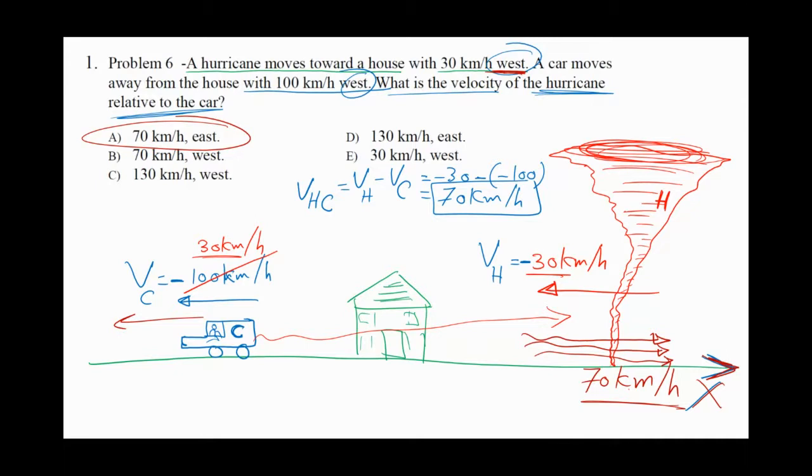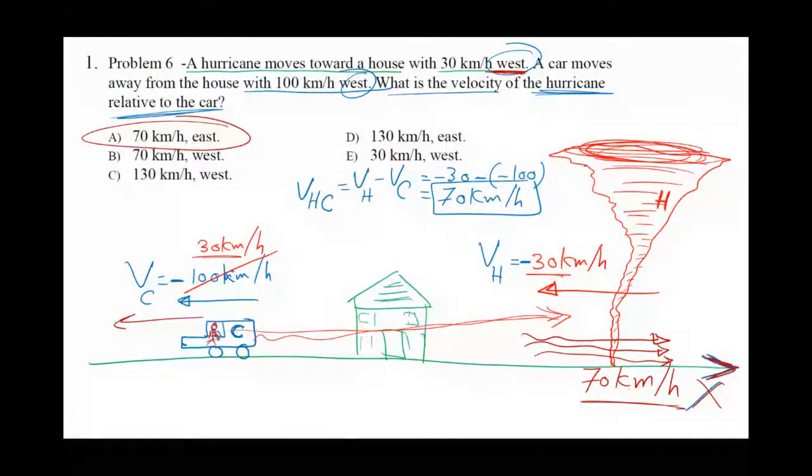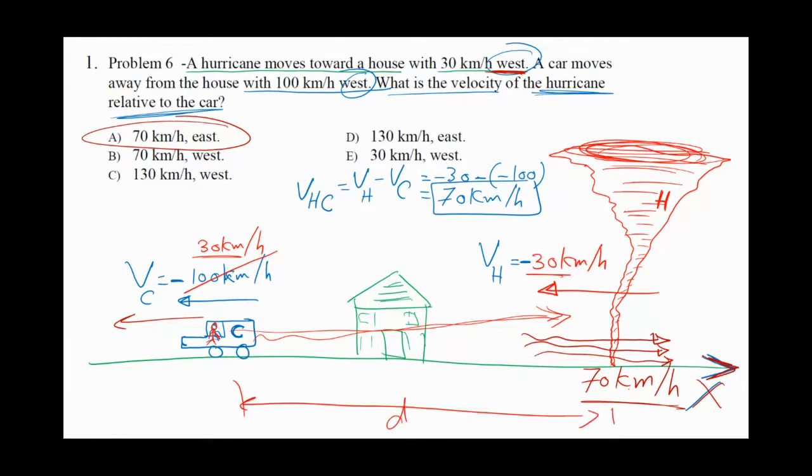So the driver of the car, when he looks at the hurricane, feels like the hurricane does not move. Of course, both of them are moving, but the distance in between will stay the same because they have the same speed. Every minute he looks at the hurricane, he will find it at the same distance, so he will feel that it's not moving.